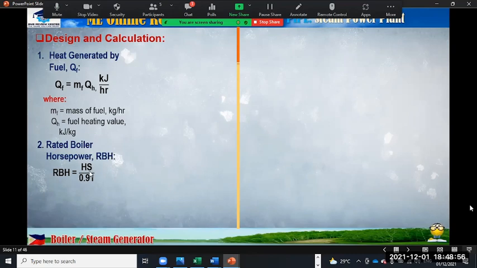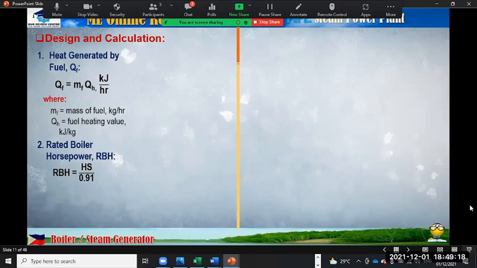We all know that inside the tubing is the water, so we are going to determine the surface which is in contact with the water, so that we can determine the amount of heat being absorbed based on that surface.